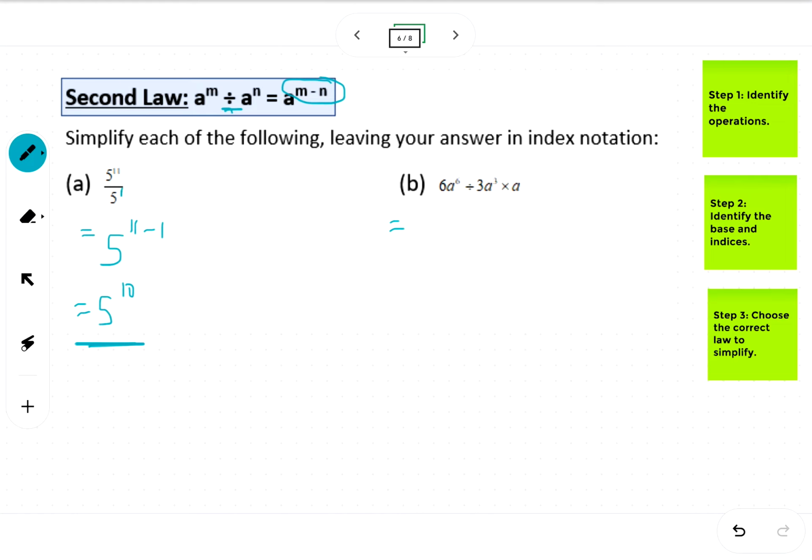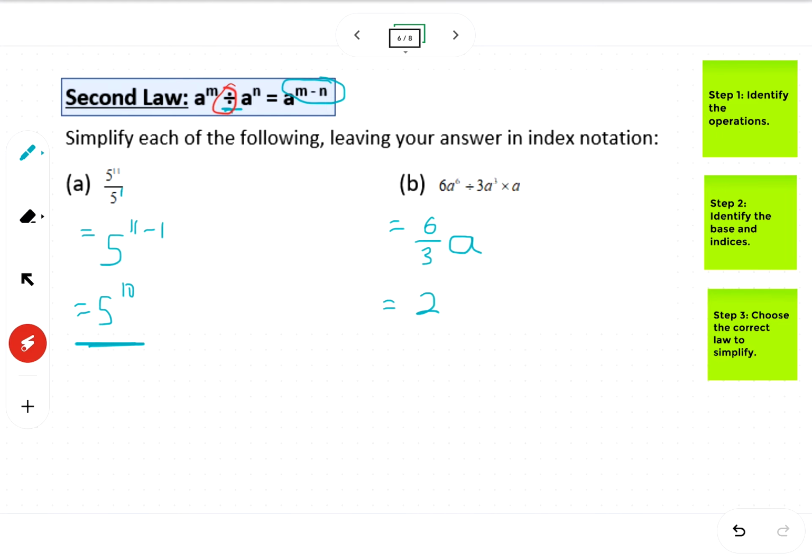Step number 1, identify the operation. Step number 2, identify the base and indices. Step number 3, choose the correct law to simplify. Okay, since there are numbers, we settle numbers first. 6 divided by 3, that's 2. Now, look, the base is the same, A. Now you see the operation here is divide.